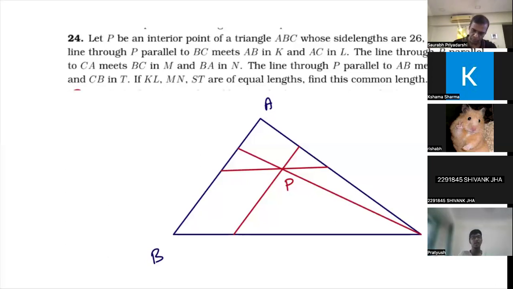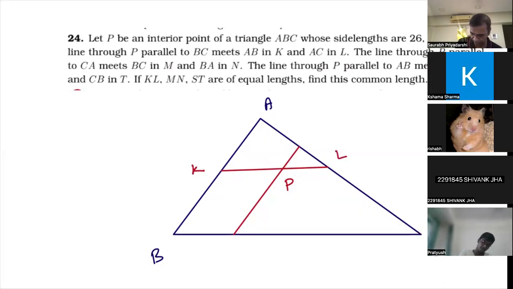The line through P parallel to BC meets AB and AC. The line through P parallel to CA. Right, so this is parallel to CA.